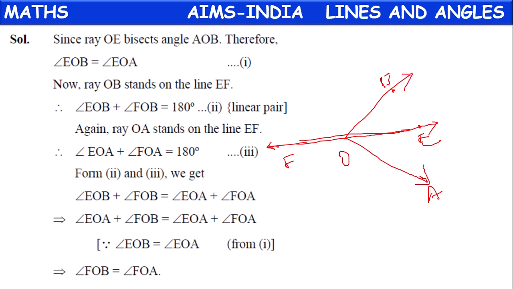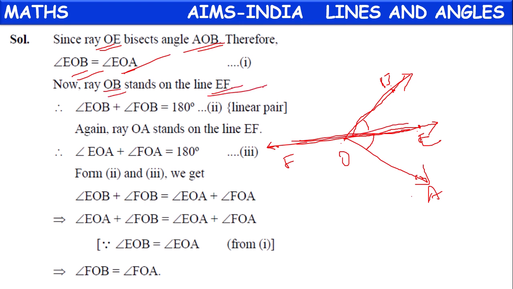Now they have given that OE bisects AOB, so angles 1 and 2 are equal. So EOB equals EOA.